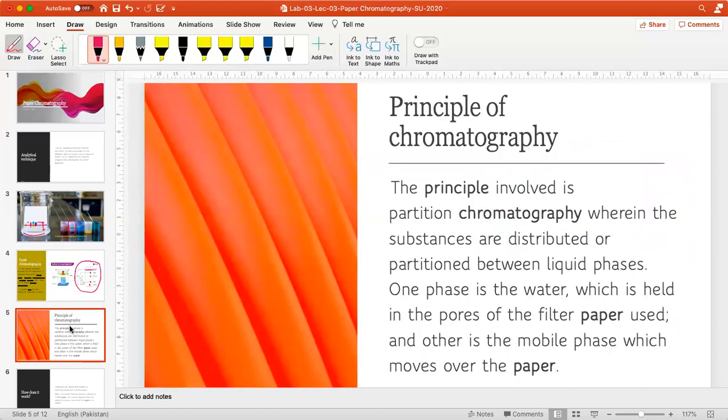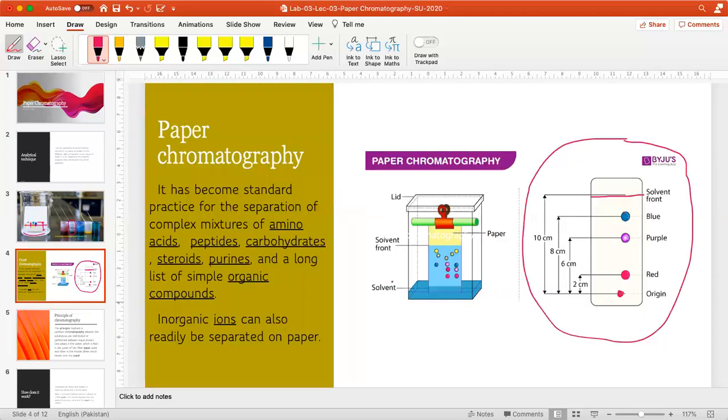Then we come to the principle of chromatography. The principle of chromatography is very important to understand. The principle involved in this chromatography is when the substances are distributed or partitioned between the liquid phase. ये जो आपका सारा पार्टीशन डिफरेंस है, मैं इसको बिल्कुल सिंपल आपको बताऊंगी, कोई टेक्निकल वर्ड्स आपके साथ यूज नहीं करूंगी बिकॉज यू आर टू young for this concept.